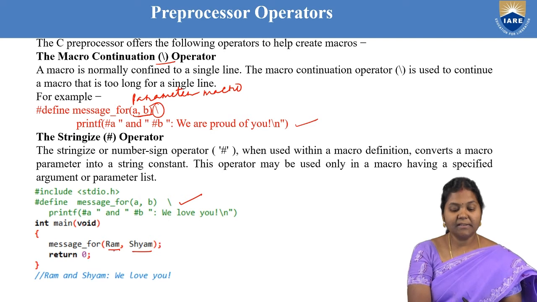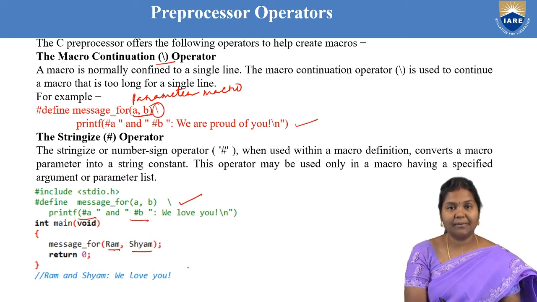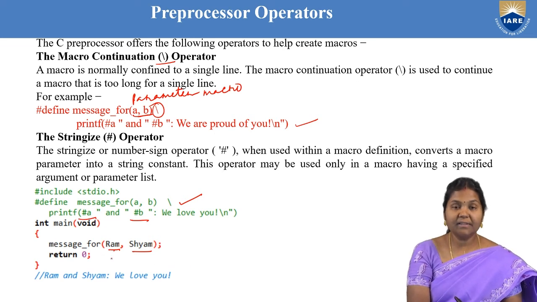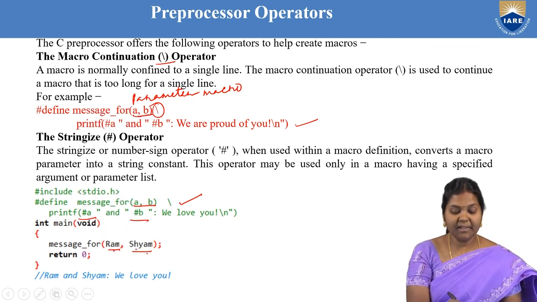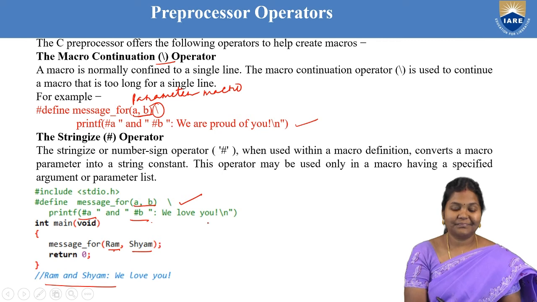So here hash is the stringize operator. We have written #a and #b. This is a parameterized macro, so two parameters you have to pass. Suppose I am passing Ram and Sham. So #a and #b are replaced by Ram and Sham, and it will print the statement Ram and Sham, we love you. So the replacement for stringize is nothing but the value of the parameter.